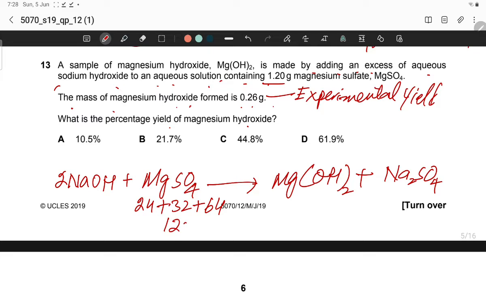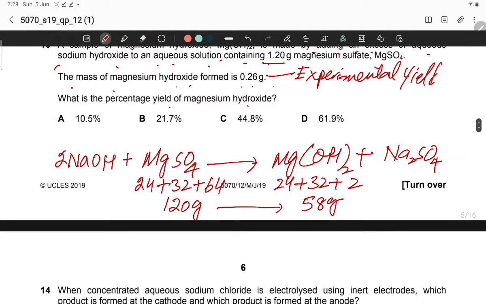So this is 120 gram producing magnesium hydroxide, which is 24 plus 32 plus 2, equal to 58 gram.